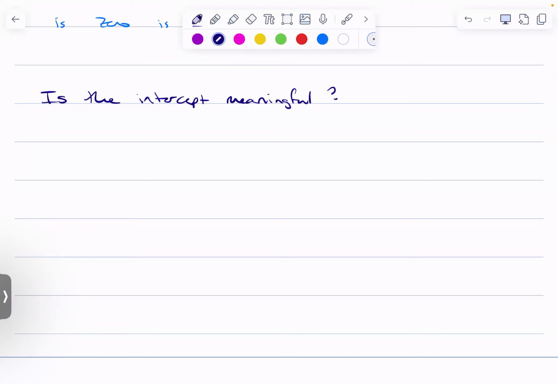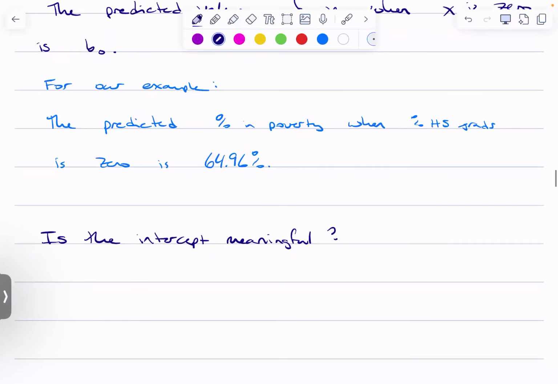Whether that gives us valuable information or meaningful information, right, is kind of up to us to interpret. Now, in this case, it's the predicted percentage in poverty when the percentage of high school grads is 0. Do you think that you'll ever have a state where the percentage of high school grads is 0.